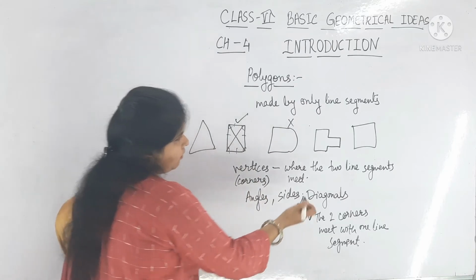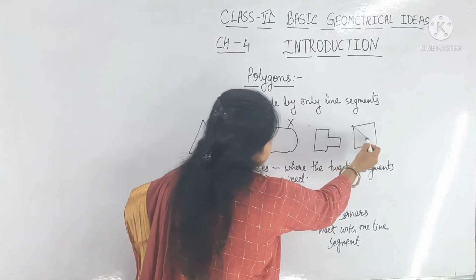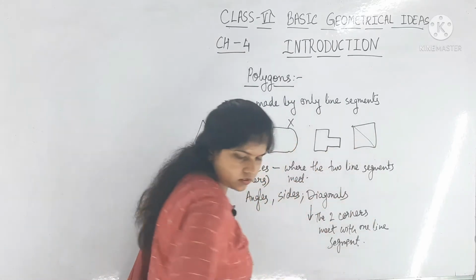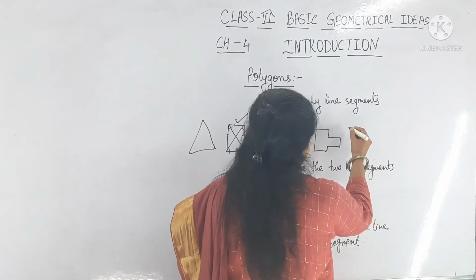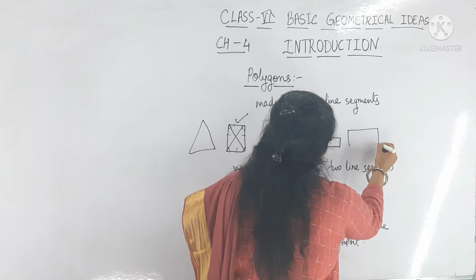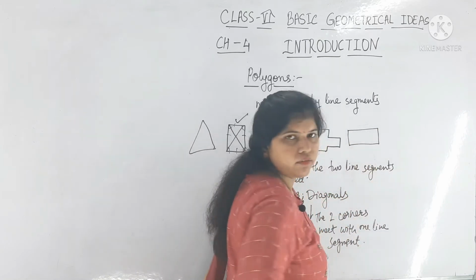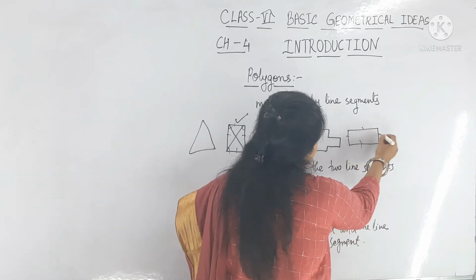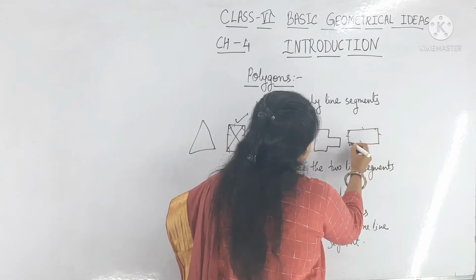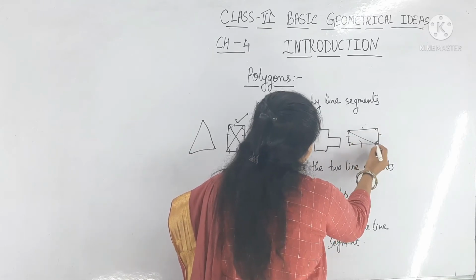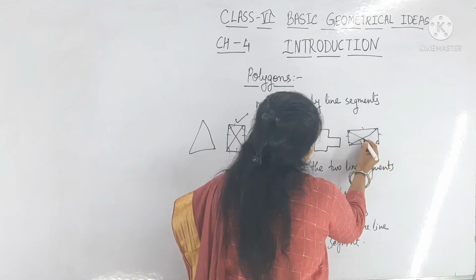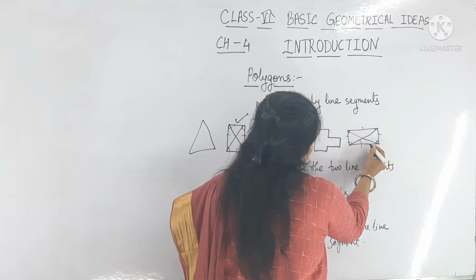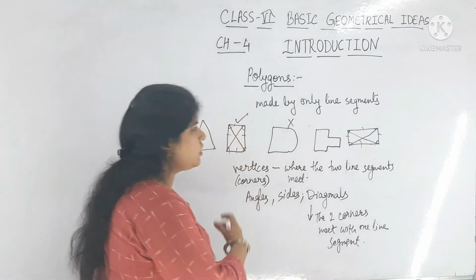Like this we can make diagonals with 2 corners. Okay, this is a rectangle like this. We have 4 sides here also, and 4 corners, 4 angles, and 2 diagonals. You have to meet in the corner. Okay, so this is about the polygons.